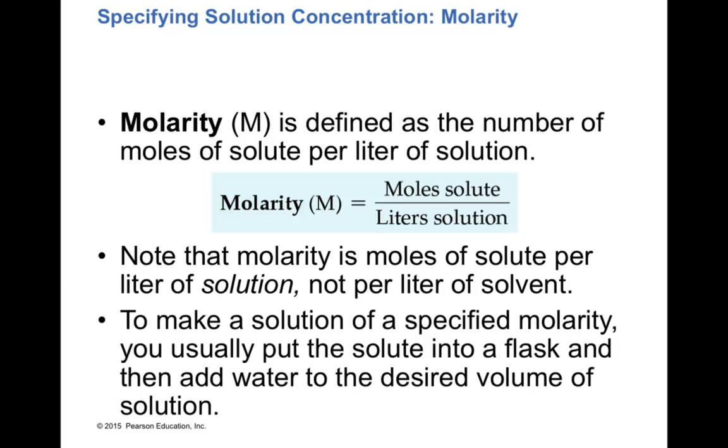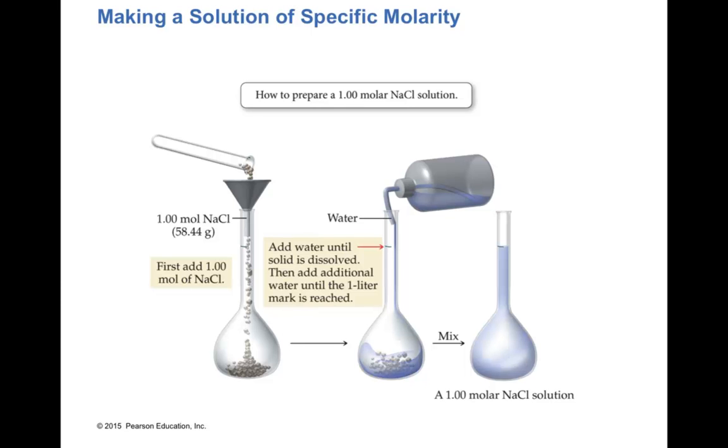To make a solution of a specified molarity, you usually put the solute into a flask and then add water to the desired volume of solution. For example, here we want to prepare a solution of sodium chloride with a molarity of 1.00. One mole of sodium chloride is equal to 58.44 grams of sodium chloride.